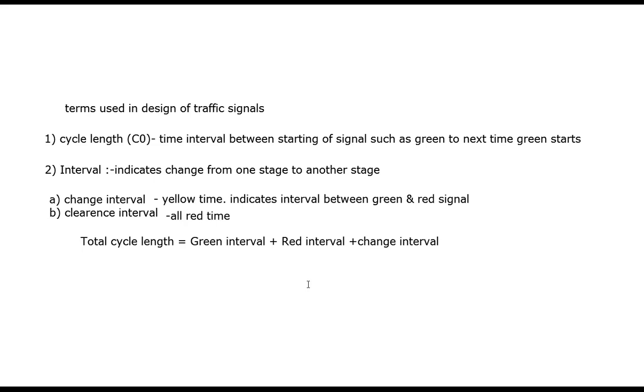What is meant by lost time? Phase, effective green time, lane capacity. So all these terms we will discuss in the next lecture. So with this, we will stop for today. So thank you. Thank you everyone for joining the session. So see you in the next session.